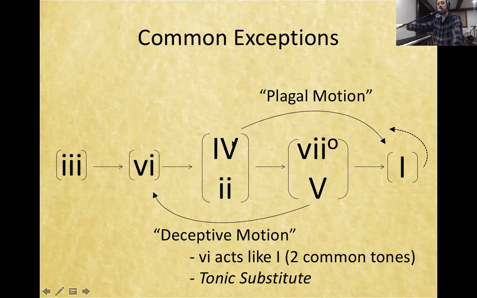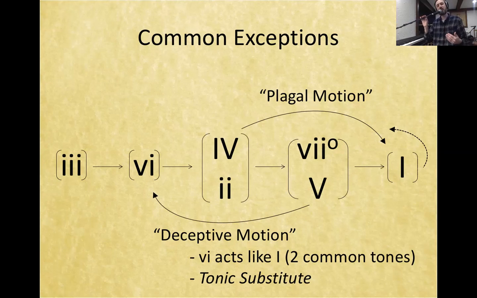And that's why we can go from 4 to 1 in a convincing Plagal manner, but 2 doesn't really want to go to 1, because even though 2 is closer to 1 in terms of 1, 2, right? 1 or 2, 1. 2 has a much stronger pull to 5 because of the circle of fifths relationship.